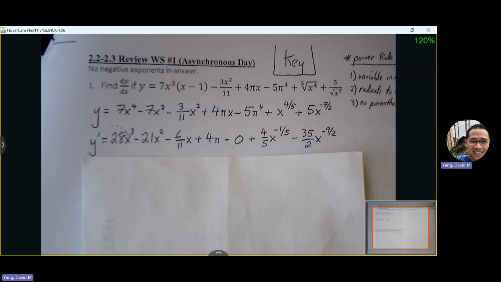Okay, so we are at our answer. We just have one more step to do, and that is to resolve the negative exponents.